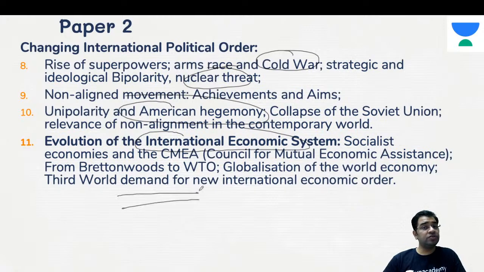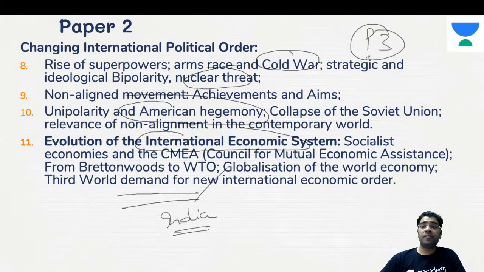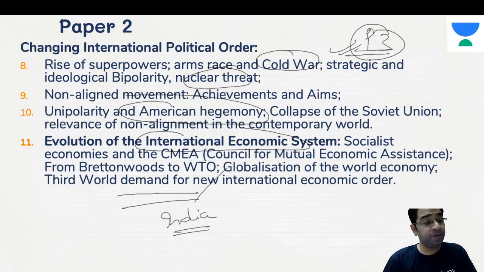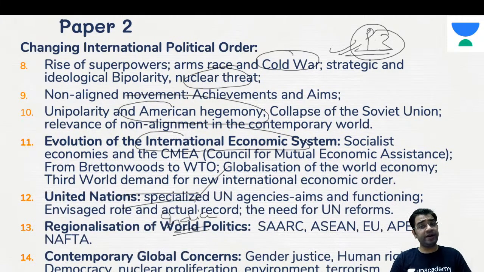All these institutions you are already reading in your Indian economy. So this is nothing but a manifestation of your GS paper 3. From GS paper 3 you will be able to understand and relate all these topics. Then next is the United Nations and international organizations, then regionalization of world politics, and contemporary global concerns.